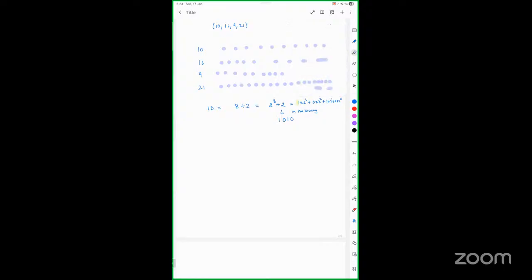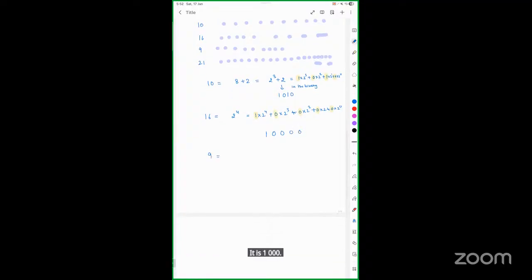So it is 1, 0, 1, 0. 16 you can write directly as 2 to the power 4, so it is 1, 0, 0, 0, 0.